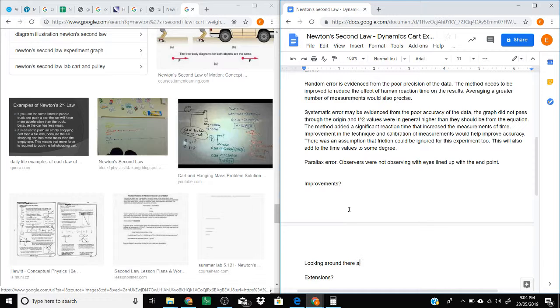There are devices that significantly reduce friction, such as the air tracks, and that eliminate human reaction time.